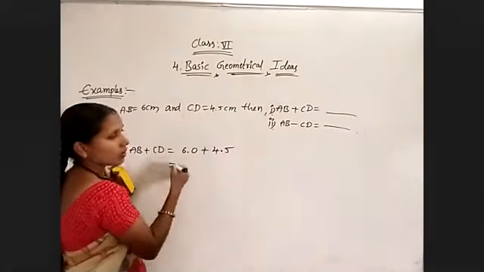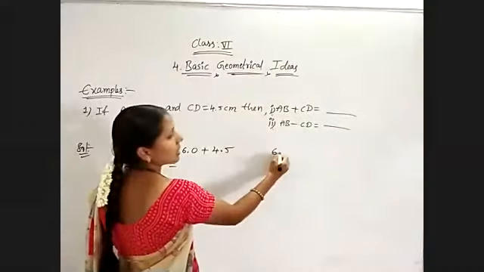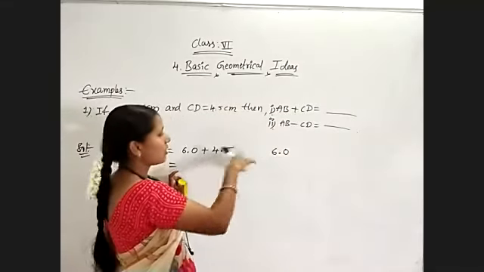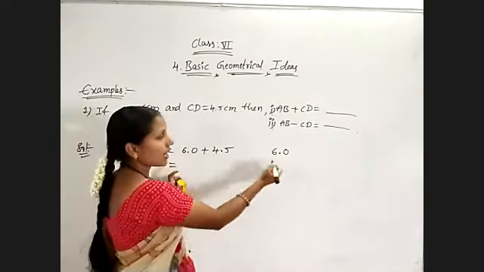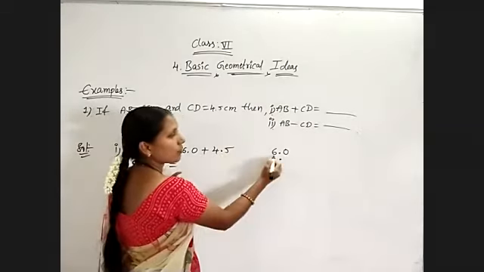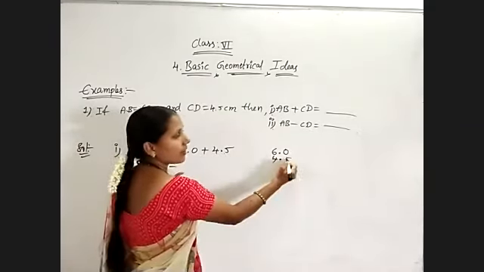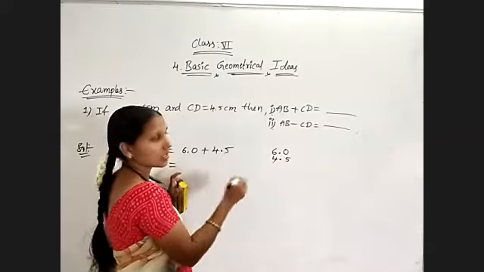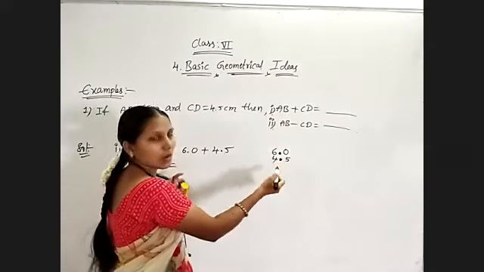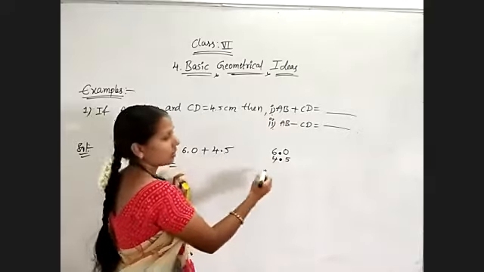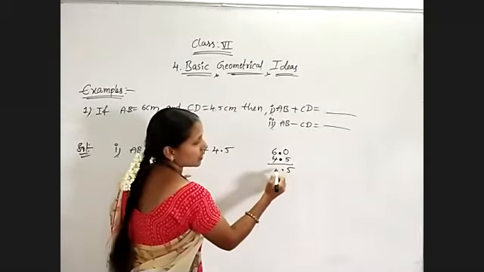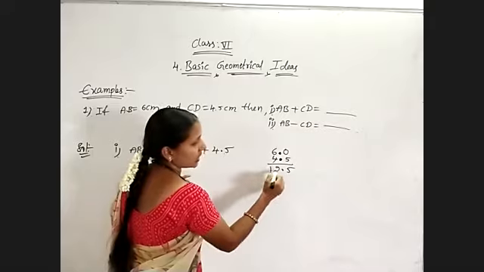Now add those two numbers, arranged in a column. While arranging decimal numbers, the point of the second number must be placed just below the point of the first, with 4 before the point and 5 after the point. Like this we must place the numbers. Now 0 plus 5 is 5. 6 plus 4 is 10.